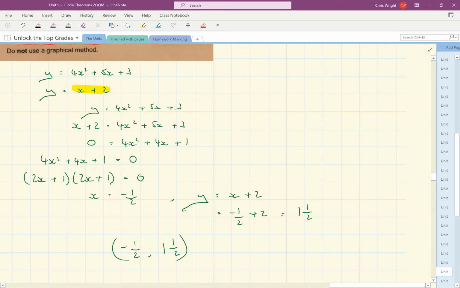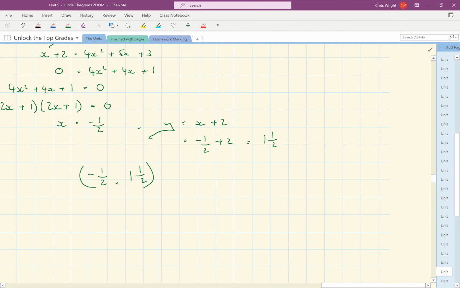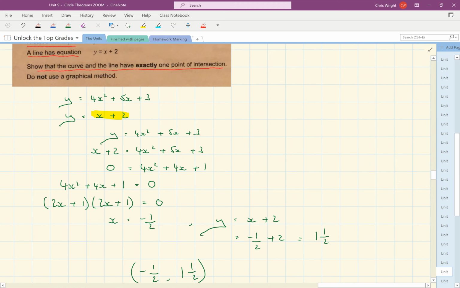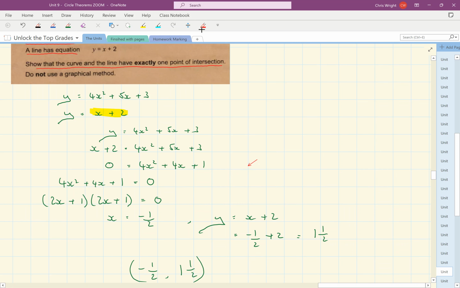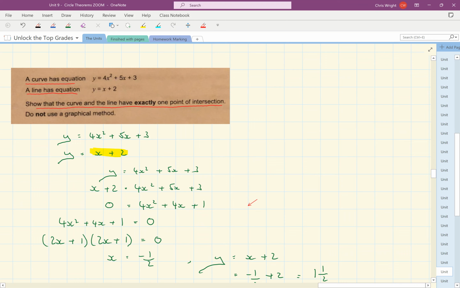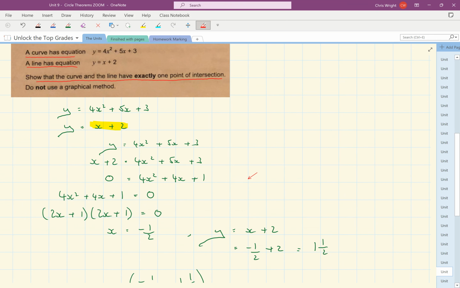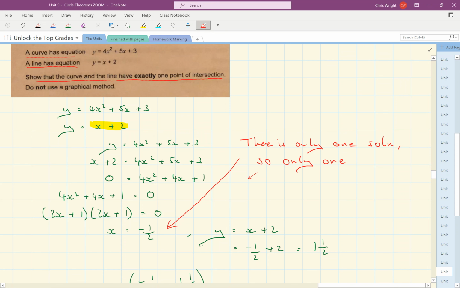But in this question, because I'm asked to show that they only have one point of intersection, I might put an arrow here, and I might say there is only one solution, so only one point of intersection.